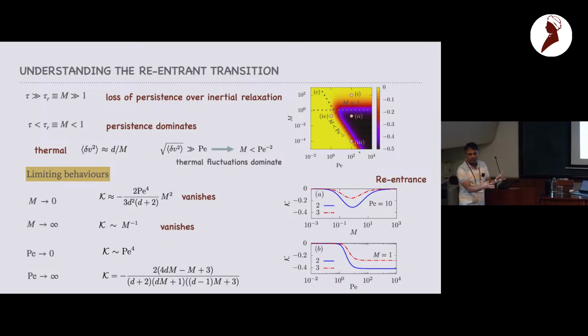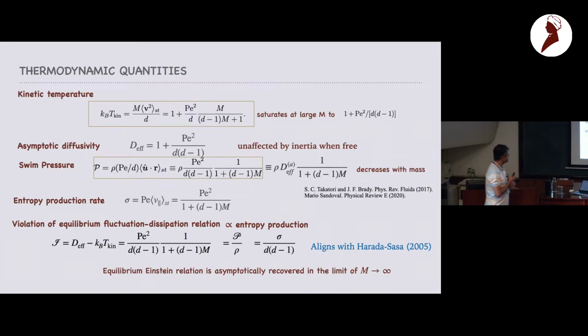So that overwhelms the ring-like structure, and that's why it becomes again Gaussian-like at small enough values of inertia. So in between there is a region over which this shows non-equilibrium behavior. Okay, so this is for the departure from Gaussianity.